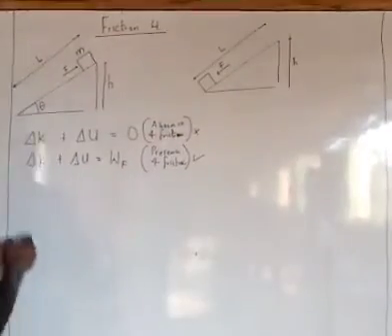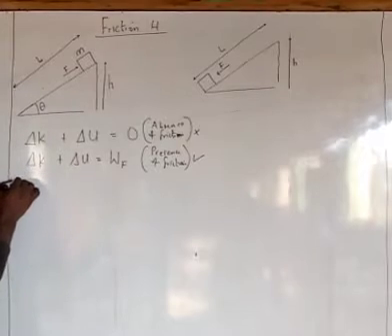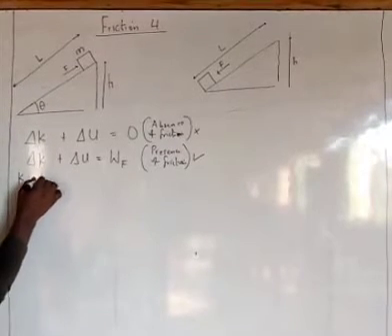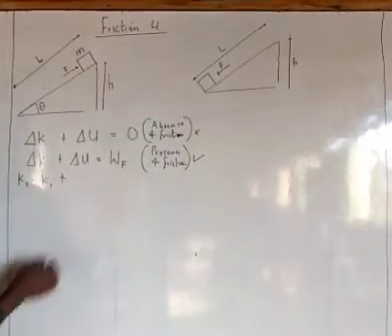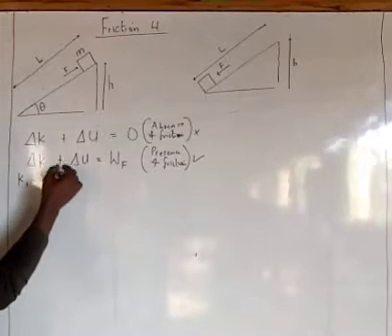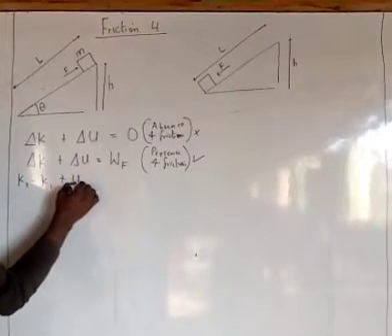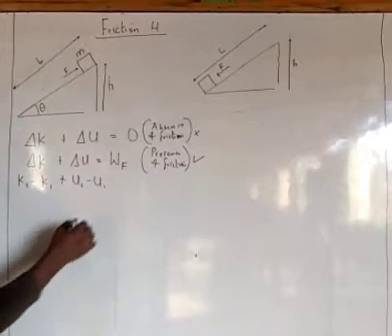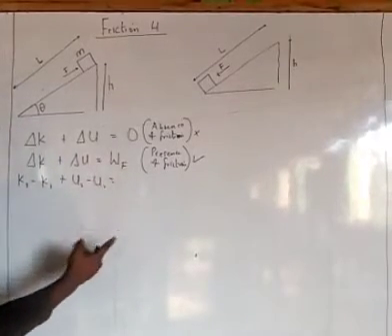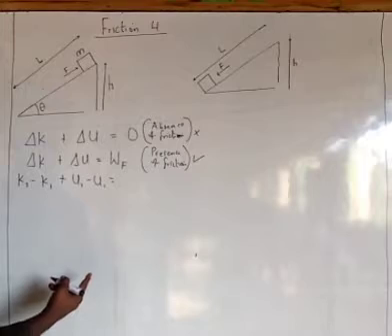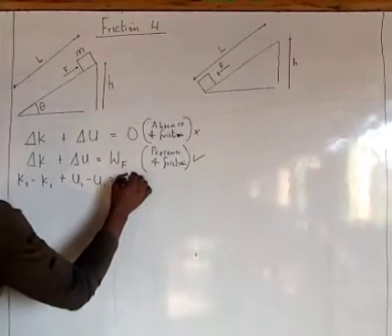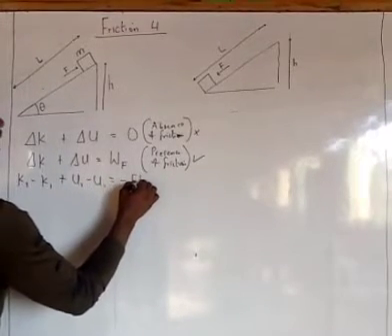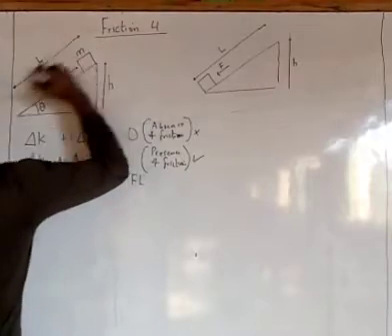All right? What is change in kinetic energy? That is K2 minus K1. What is change in potential energy? That is potential energy 2 minus potential energy 1. And that will be equal to work done due to friction, and that will be minus FL, that is length of the path taken.